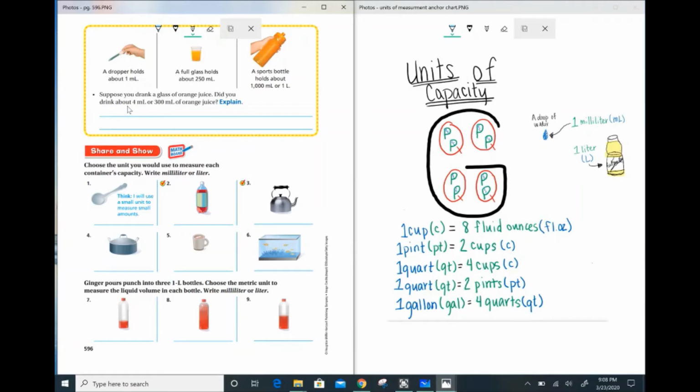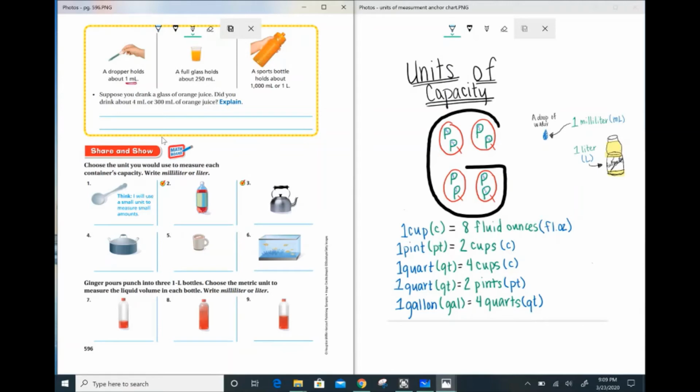So suppose you drank a glass of orange juice. Did you drink about 4 milliliters or 300 milliliters of orange juice? Explain. So if I go ahead and look at my images up top, I know that this little dropper holds 1 milliliter.